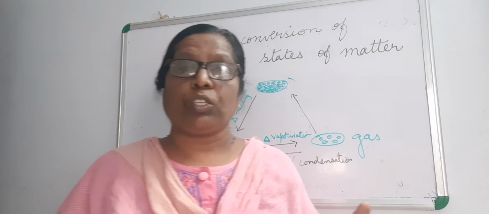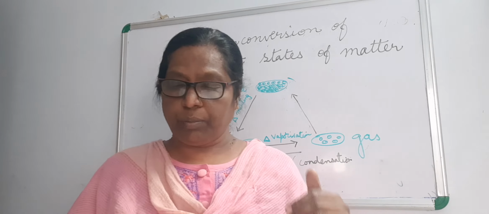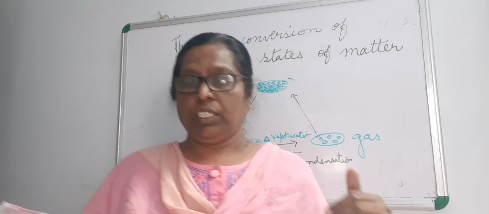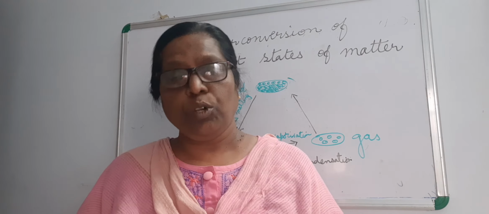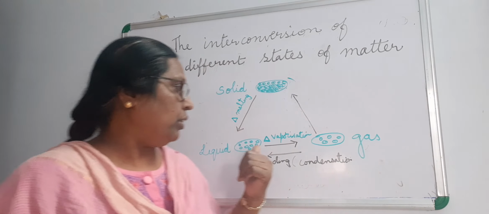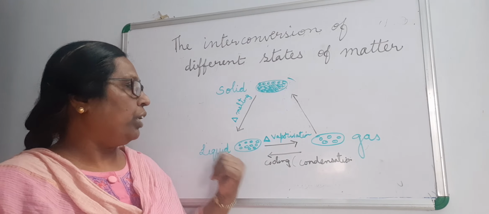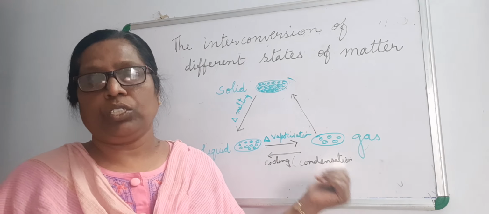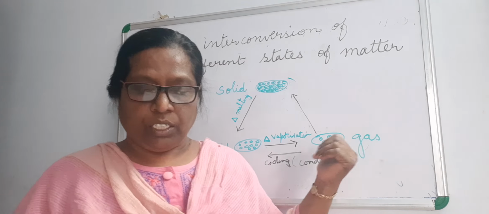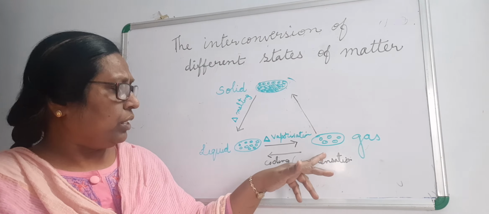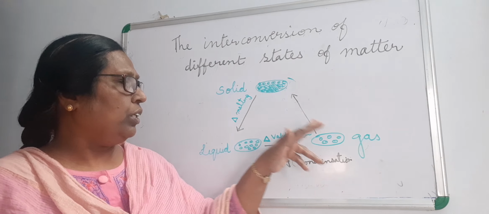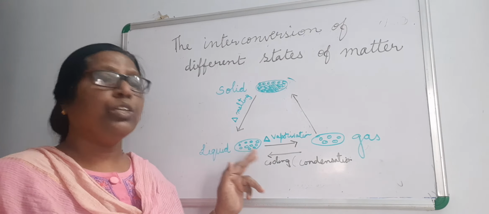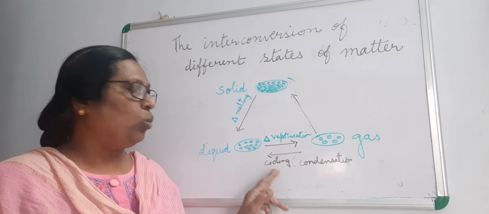It is because of the motion of the particles. The conversion of solid into liquid on heating is called melting. In the same manner, the conversion of liquid into gas by heating is called evaporation or vaporization. From gas we get the next state, liquid, not by heating but by cooling.